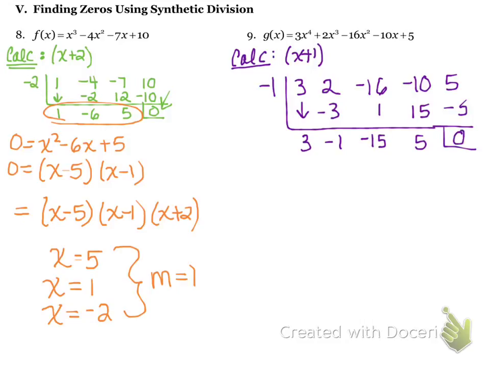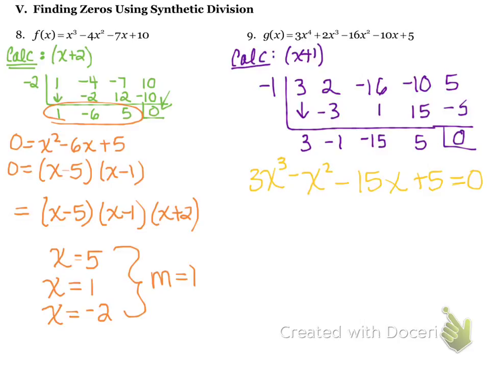Again, we get a remainder of 0, which we need because x plus 1 is a factor. It goes in evenly. Nothing's left over. So from this, I'm going to now have a cubic function: 3x to the third minus x squared minus 15x plus 5.